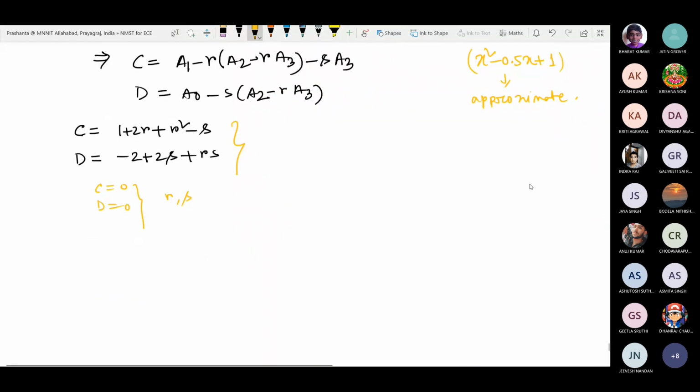Since R and S are not the exact values in the factor x square plus Rx plus S, let the next approximate factor be x square plus R plus delta R times x plus S plus delta S.